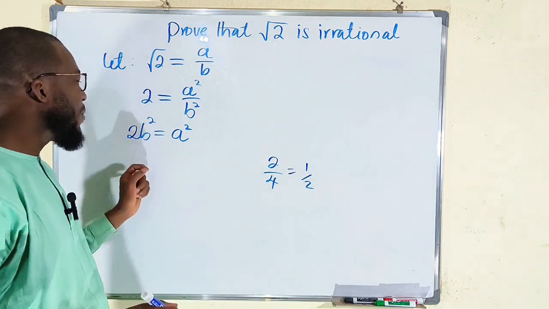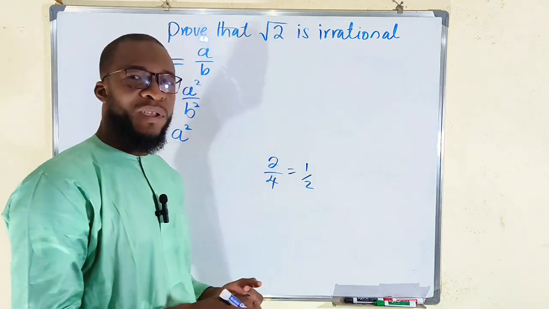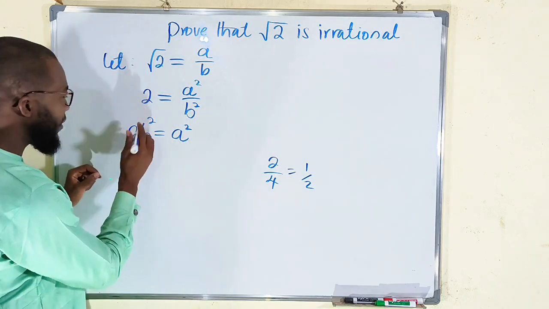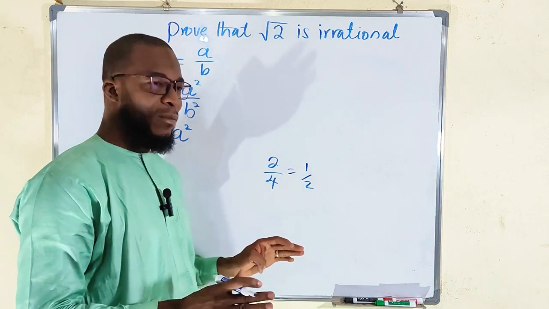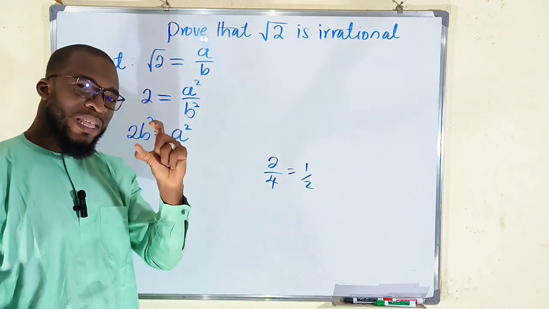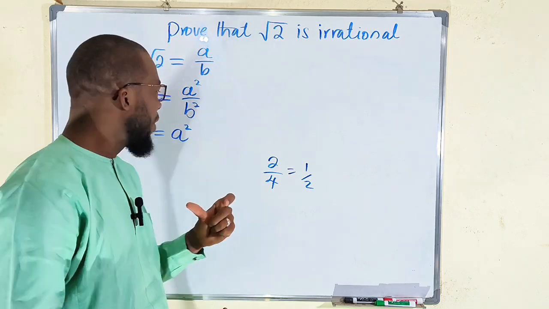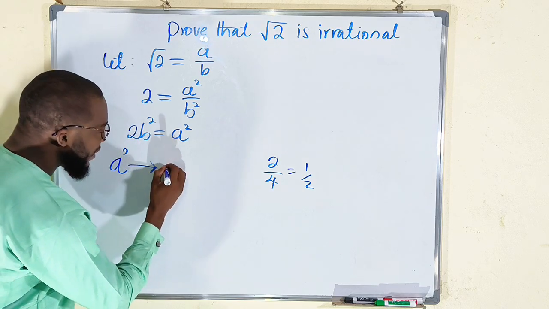But what can you remember about an integer squared? It is still an integer, because if 2 is an integer, 2 squared is 4, which is also an integer. So b squared as well as a squared remain integers. Whenever you take an integer and multiply it by 2, it results in an even number, which means a squared is even.